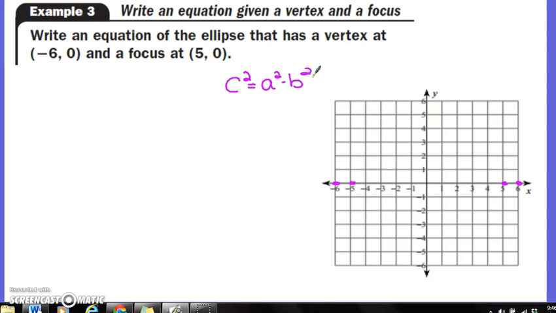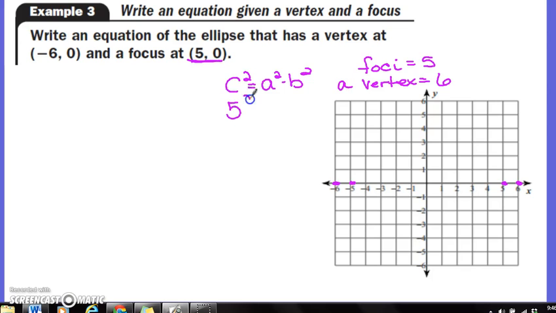We know that c is going to be 5, because that comes from our foci, and one of our vertices is going to be 6. We call that a as our major one.